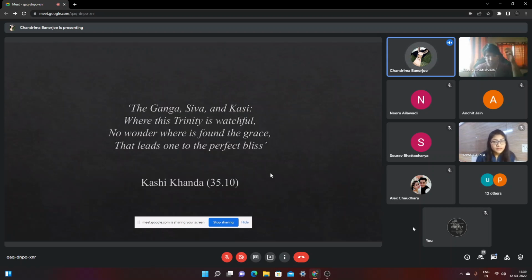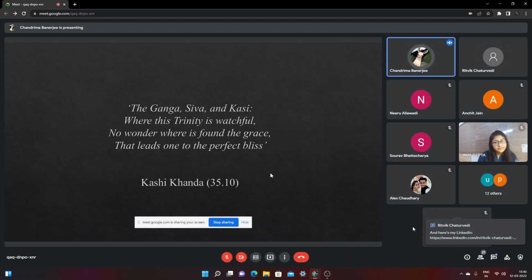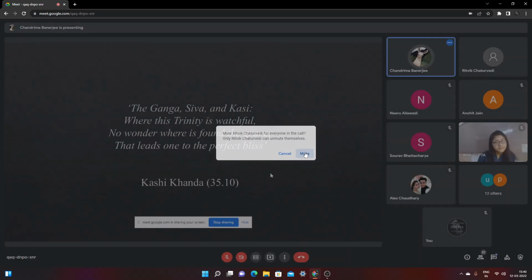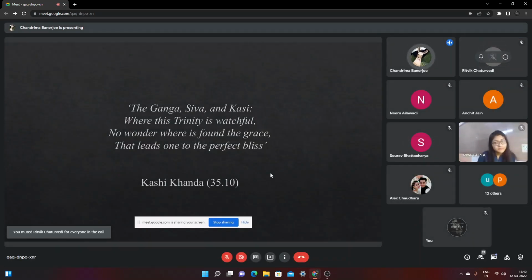To give a brief history about Varanasi, Varanasi was the capital of the Kashi Janapad, and according to the ancient scriptures, the name Varanasi emerges from its location between the two rivers, the Varuna and the Assi. It is also believed that Varanasi lies on the top of Shiva's Trishul, the trident.